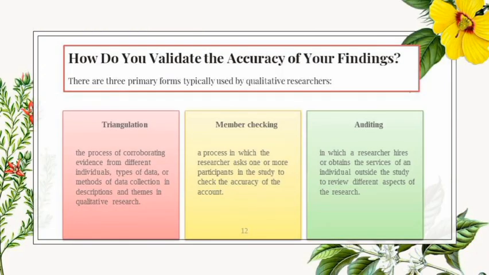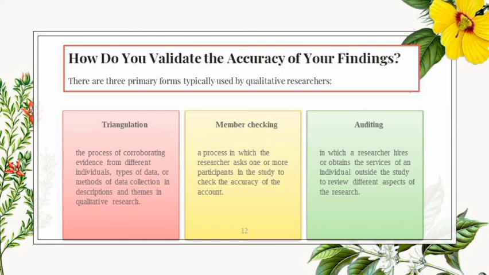How do you validate the accuracy of your findings? There are three primary forms typically used by qualitative researchers. The first, triangulation, the process of corroborating evidence from different individuals, types of data, or methods of data collection in descriptions and themes in qualitative research.